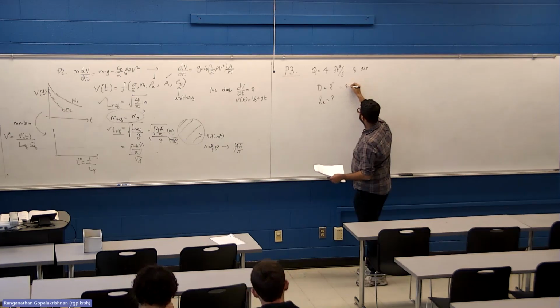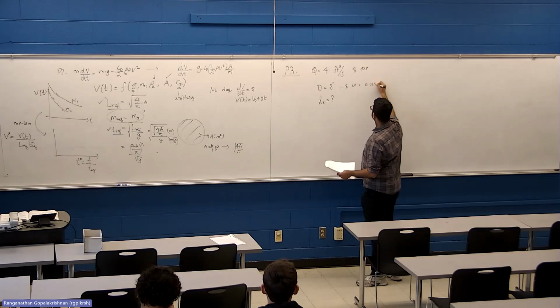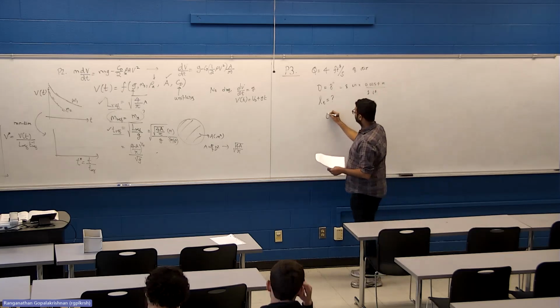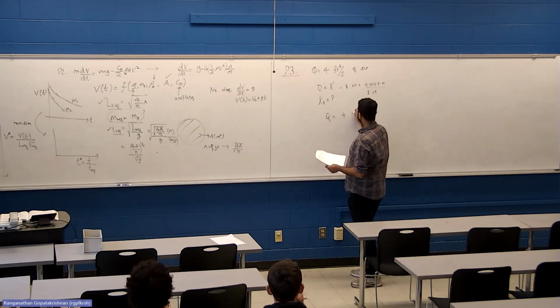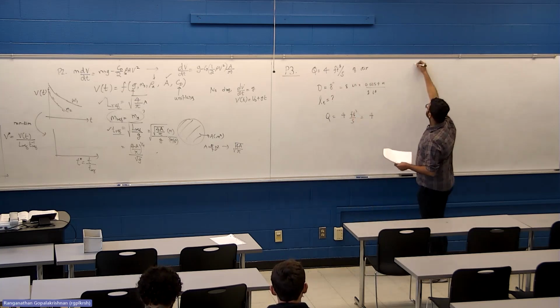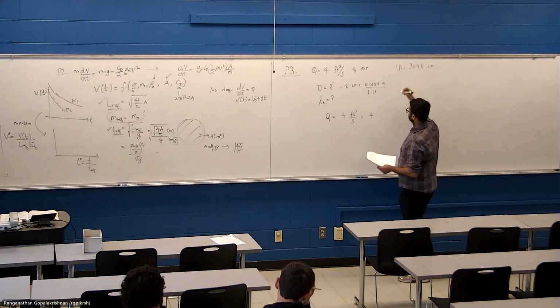So this is 8 inches times 0.0254 meters per inch. You can do that conversion. And Q is 4 cubic feet per second. 1 foot is 30.48 centimeters, which is 0.3048 meters per foot, times cubic feet per second.